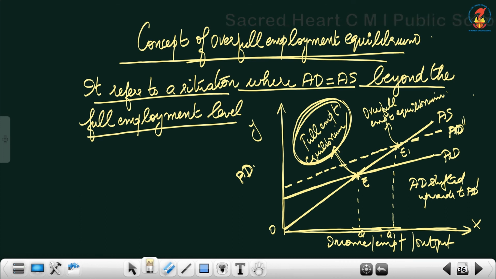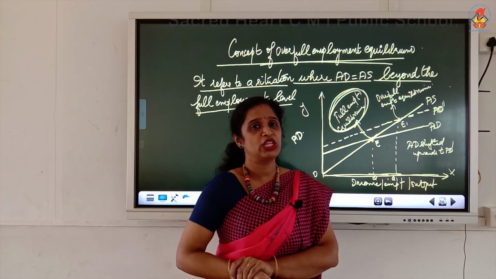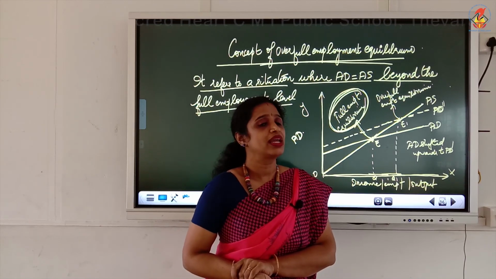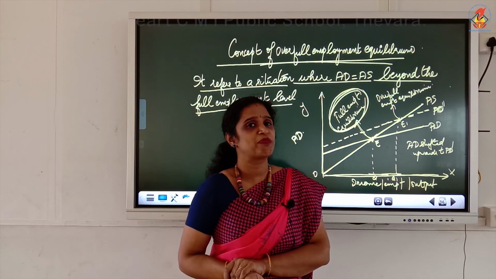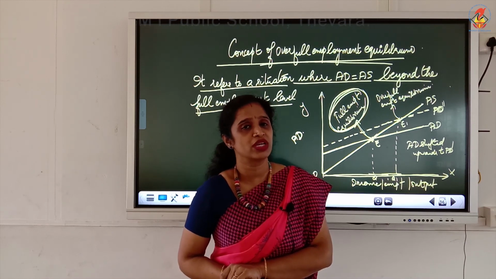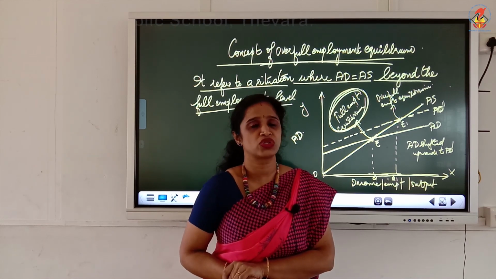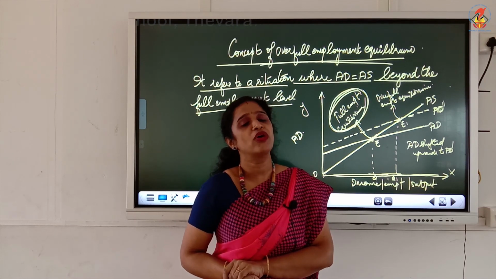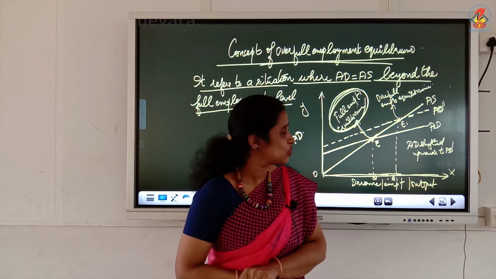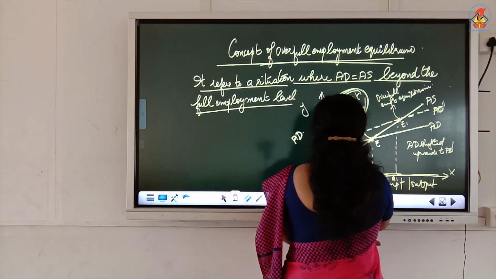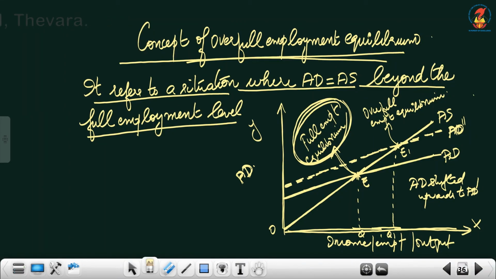More and more resources have to be employed in the economy, because aggregate demand, or planning to spend or planning to buy, is more and more. Therefore, employ more and more resources. Sometimes it has to go beyond the existing level. So let us see what happens when the aggregate demand curve has shifted upwards.